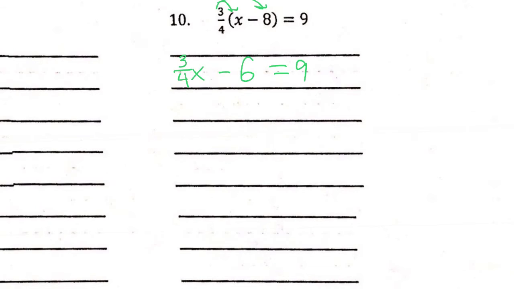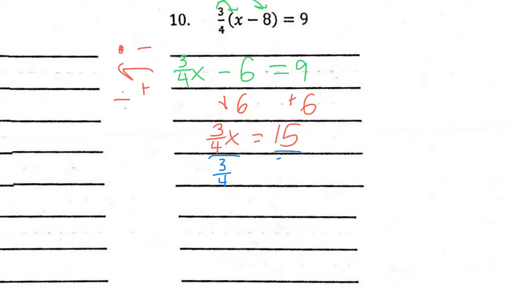So now we are going to do our arrow method. First we multiply by 3/4 and then we subtract by 6. So the opposite of multiply is divide. The opposite of subtract is add. So I'm going to add 6 to both sides to get 3/4 x is equal to 15. Then I'm going to divide both sides by 3/4.